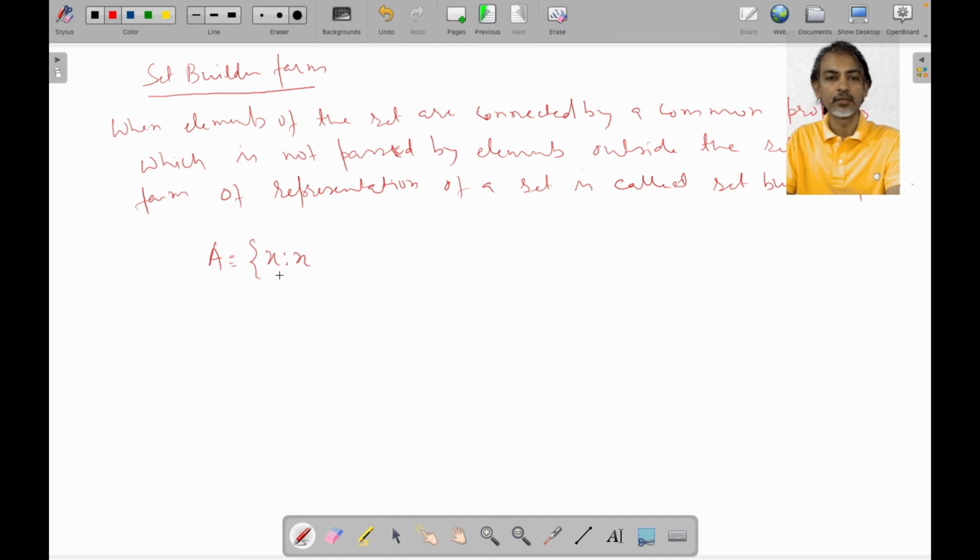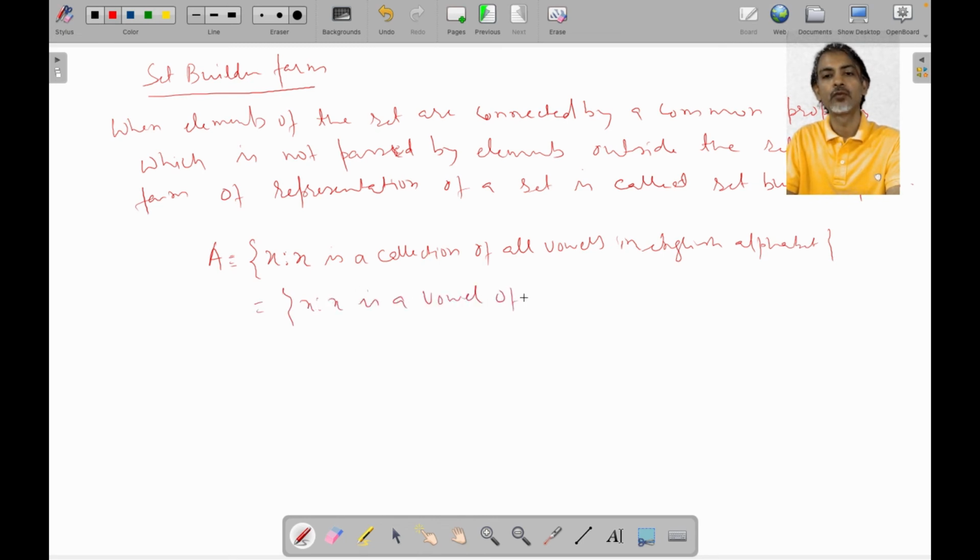X, the set of all X such that X is a collection of all vowels. Or you could just write X such that X is a vowel of the English alphabet.